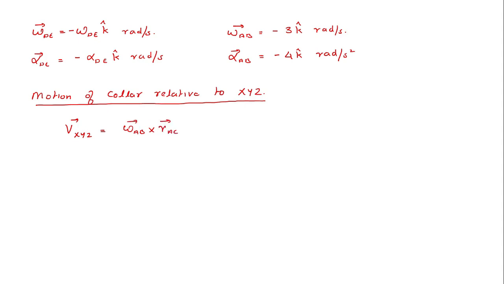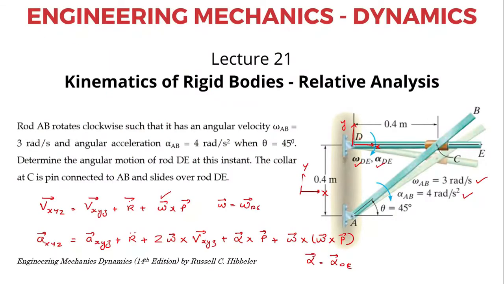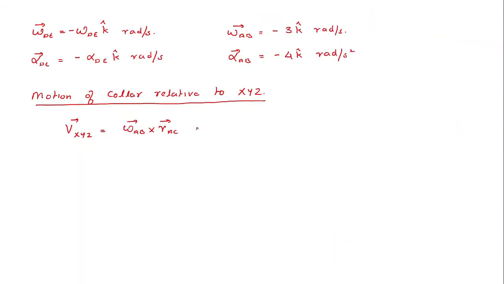See the figure here, omega AB cross RAC will be equal to minus 3 k cap cross RAC vector.